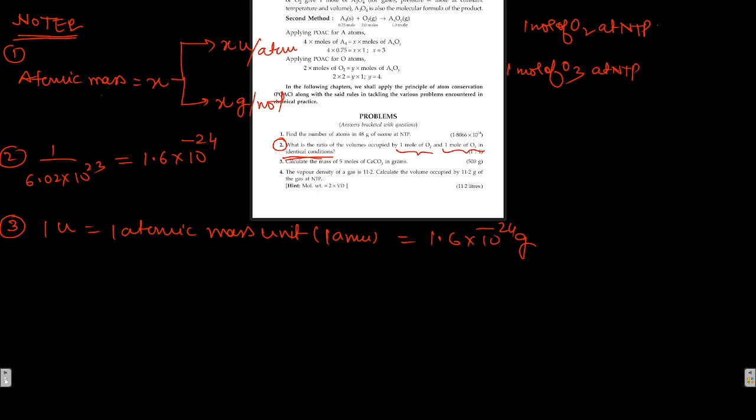You know, its volume is 22.4 liter and its volume is also 22.4 liter. So if the conditions are identical, then the molar volume of the gases is the same. That's why the ratio of these two is 1:1.